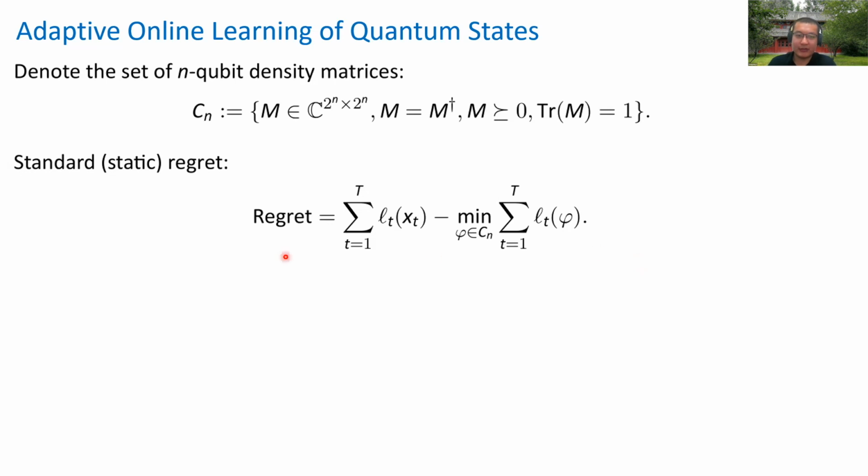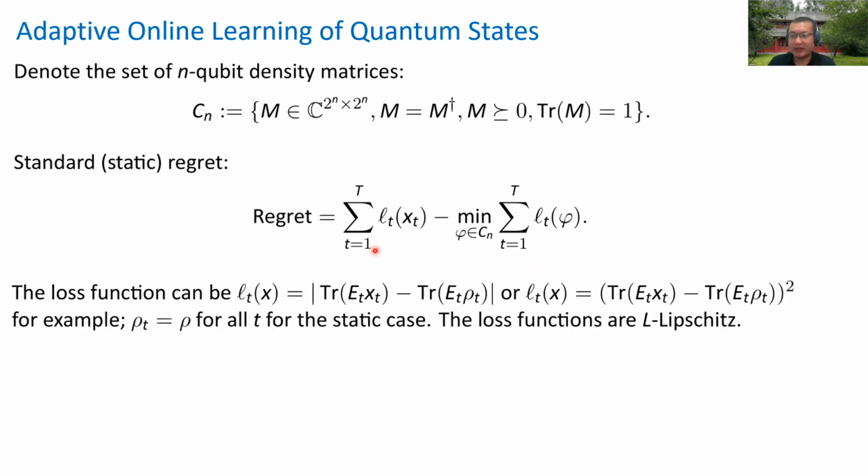So we consider everything cumulatively, and we define such a regret. Basically, this is what we actually predicted along the procedure of learning. For the static case, there is some background state phi here, and we want to minimize such a summation over all these rounds. Here L_t is the loss function that we are going to use throughout the talk, and there are many different choices.